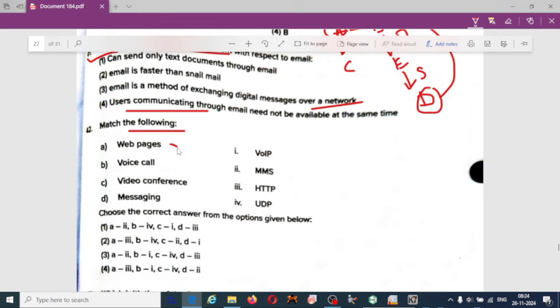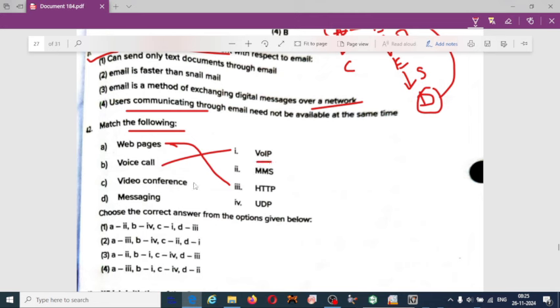Match the following web pages. So web page is related to the third one, that is HTTP. Usually we use in everyday Google Chrome, that is HTTP, hypertext transfer protocol. Then video call is related to option 1, VoIP, that is voice over internet protocol.